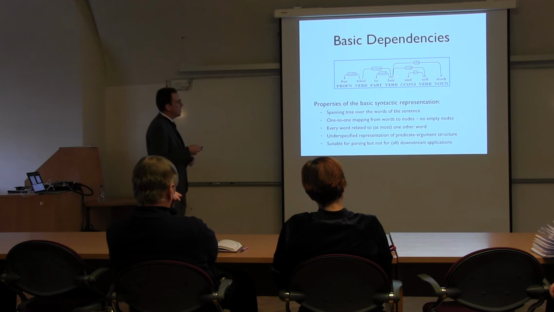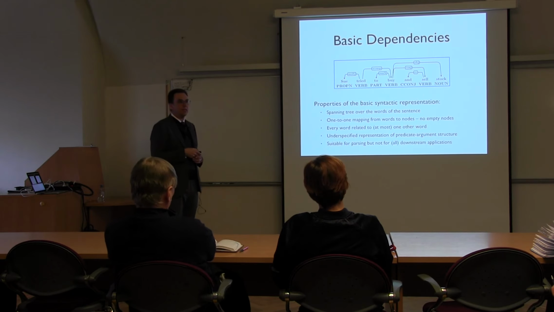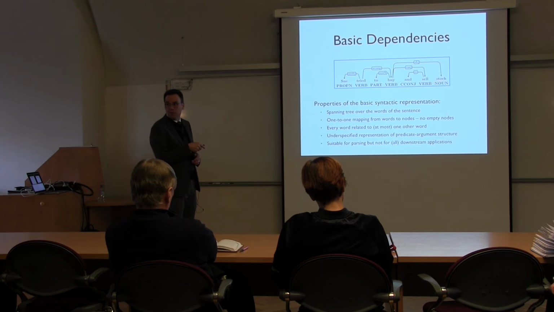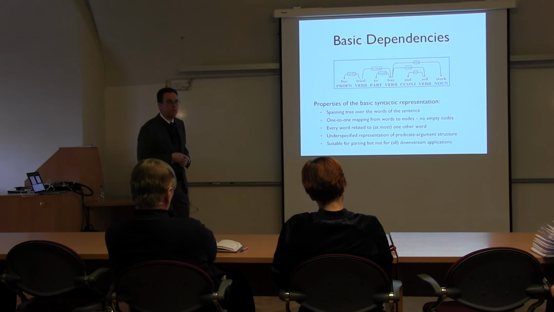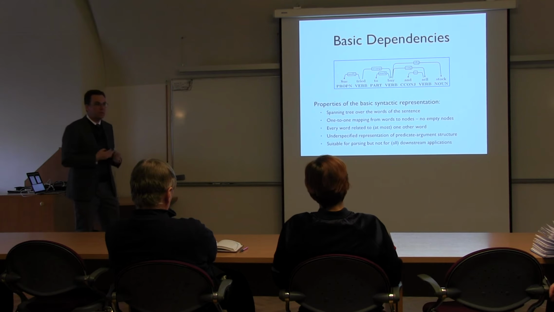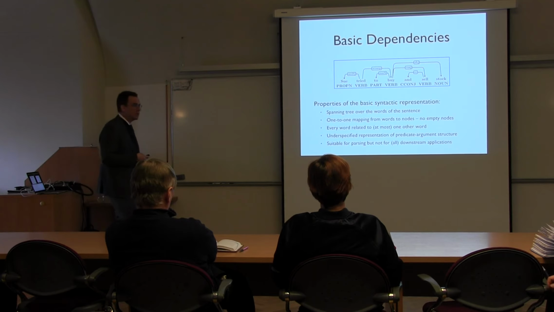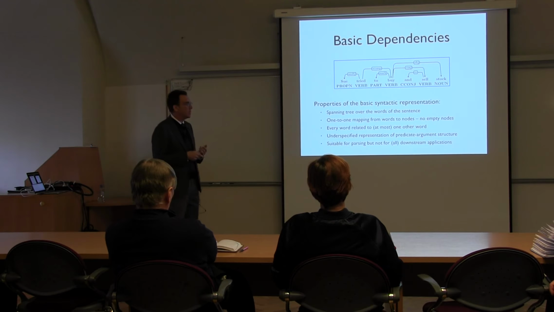So in this representation, Sue tried to buy and sell stock. You can see in the representation it's explicitly represented that stock is a direct object of buy. But it's not explicitly represented that stock is also a direct object of sell. We can maybe infer that from the representation. I will come back to that, but it's not explicit.